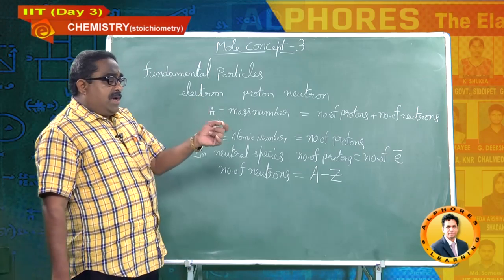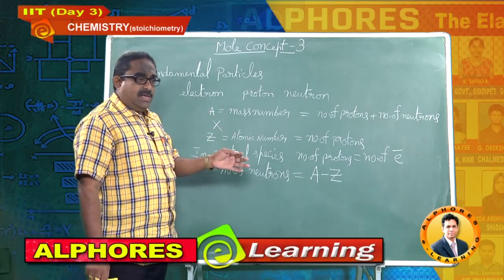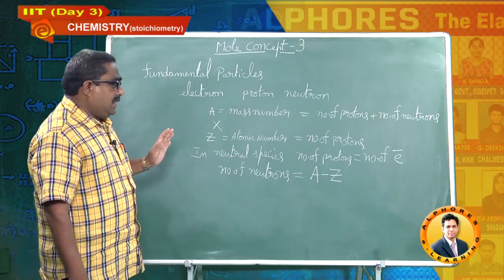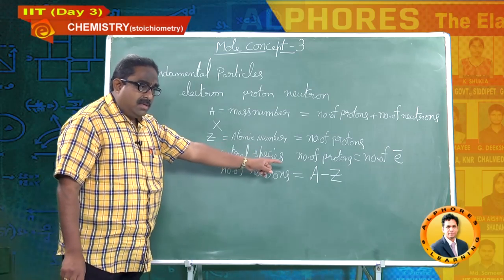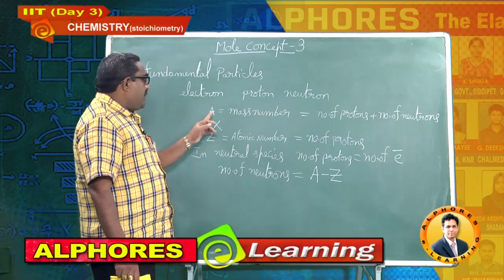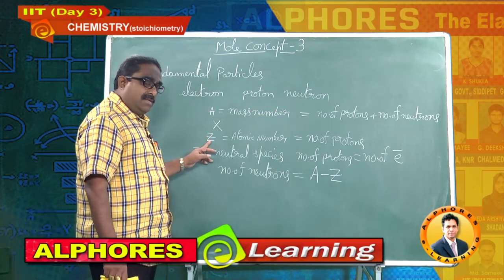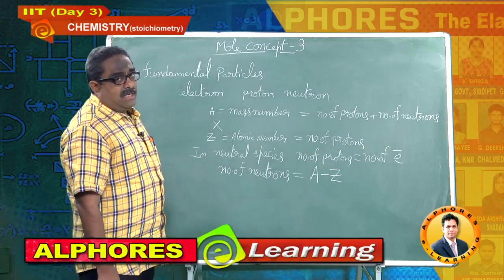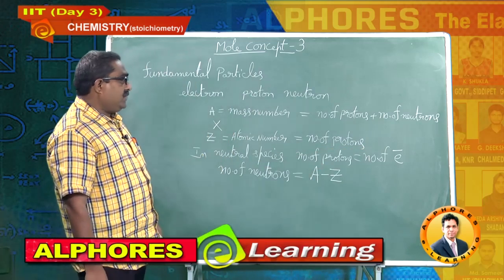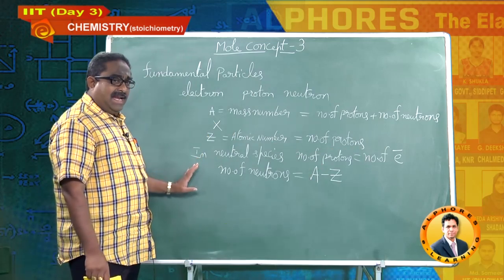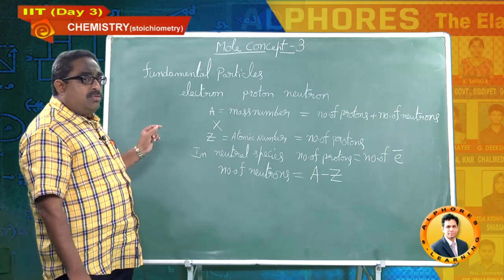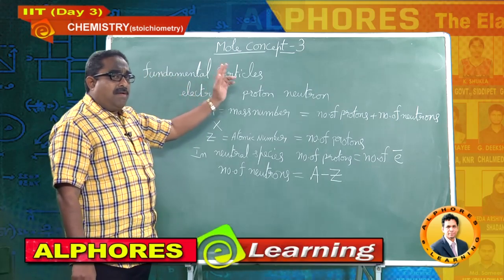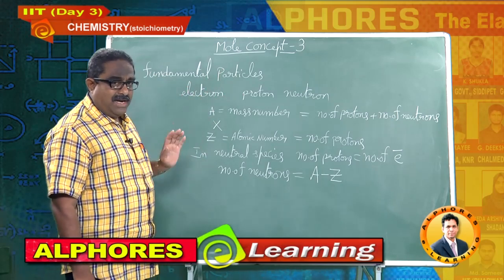So, for an individual atom or an ion, one can calculate the number of protons and neutrons from the values of A and Z, and if it is neutral, the number of protons is the same as the number of electrons. I think you have noted down clearly.